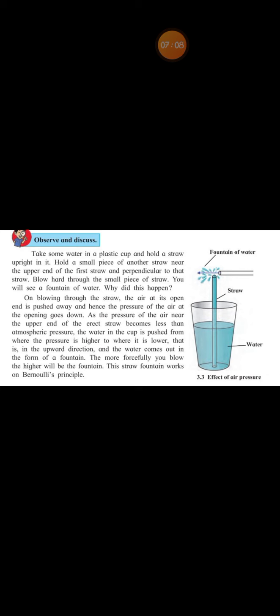On blowing through the straw, the air at its open end is pushed away, and hence the pressure of the air at the opening goes down. As the pressure of the air near the upper end of the erect straw becomes less than the atmospheric pressure, the water in the cup is pushed from where the pressure is higher to where it is lower, in the upward direction, and the water comes out in the form of a fountain.